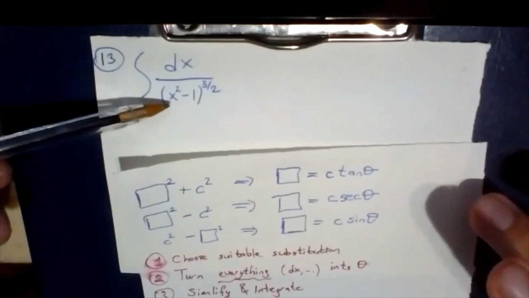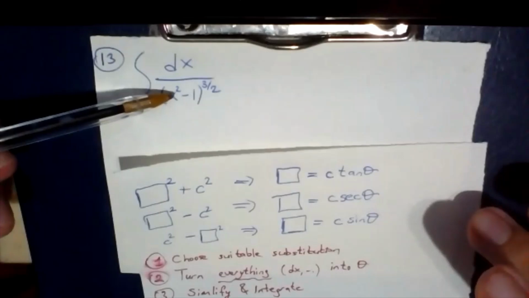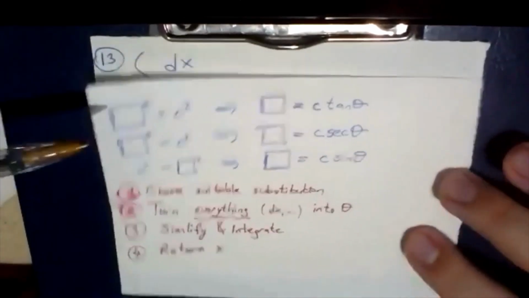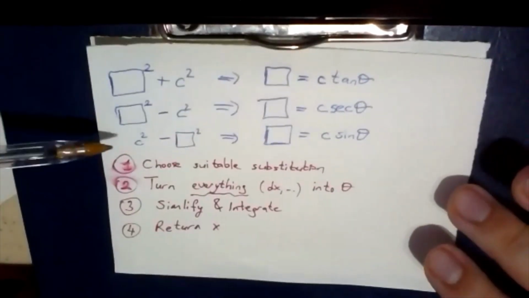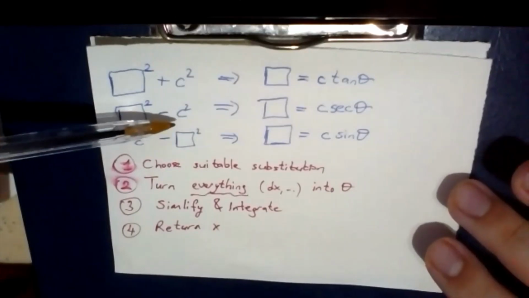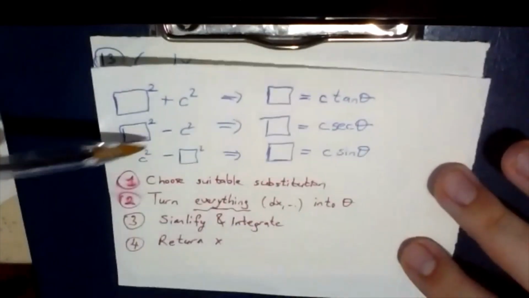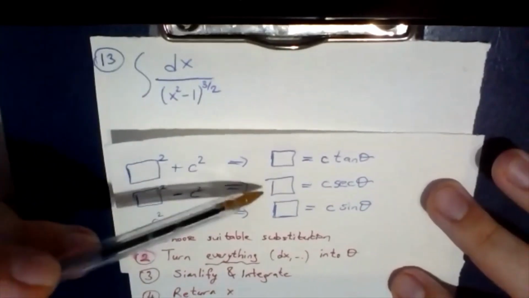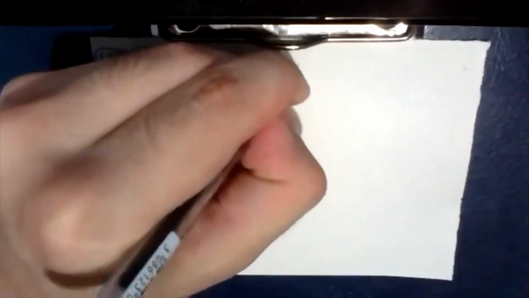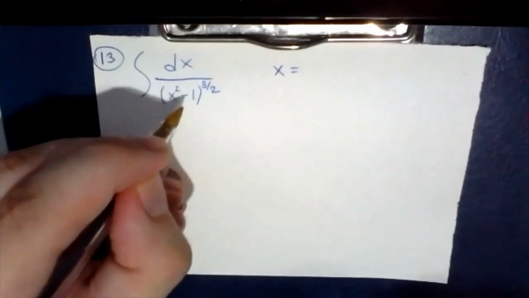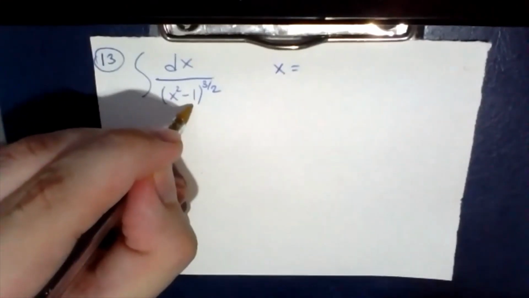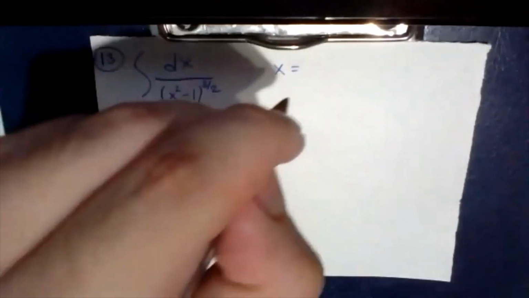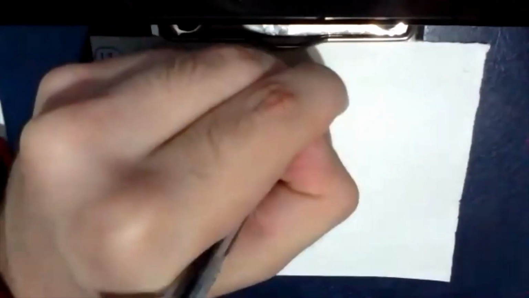We have the square of a function minus a constant number, so it resembles the square minus constant, the second one. C times the second one. So if we choose x equal to, what is C? The constant number we use here is 1. So C is 1. 1 times secant theta.